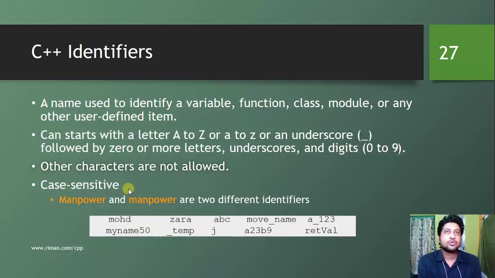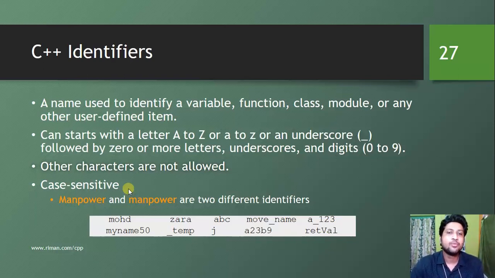So there are certain rules in case of C language as well: the identifier name must start with any alphabet or an underscore. So the first letter of the name of the identifier cannot be anything other than an alphabet or underscore, no digits.